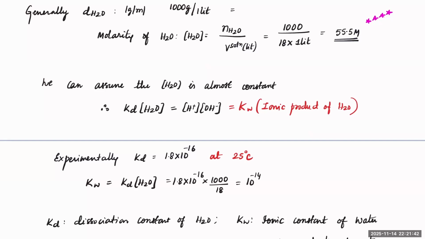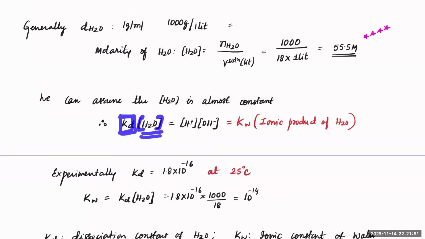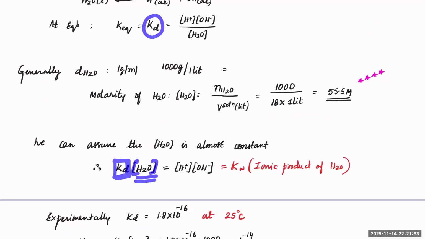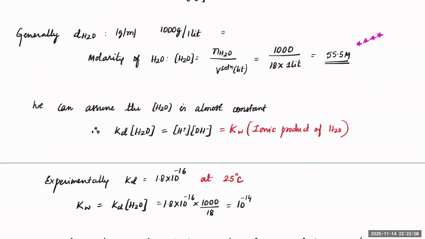So if H2O is a constant concentration, Kd, the dissociation constant, which is product concentration by reactant concentration, Kd into H2O will almost remain constant all the time. That new constant is called Kw, which we call the ionic product of water. So Kw is a product of two ions, H+ into OH- ions.